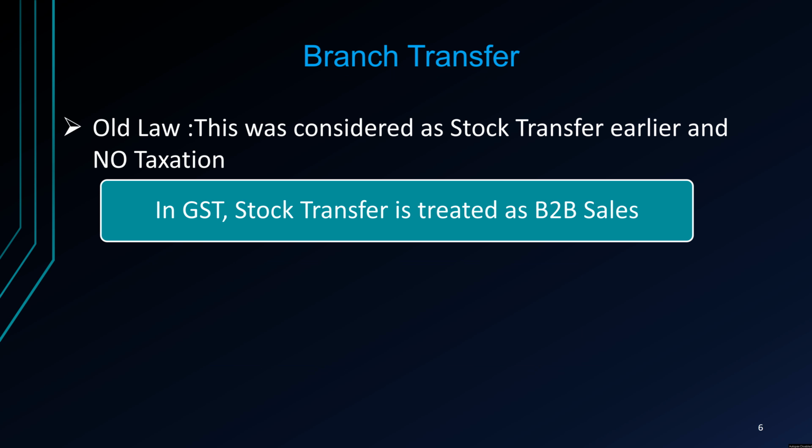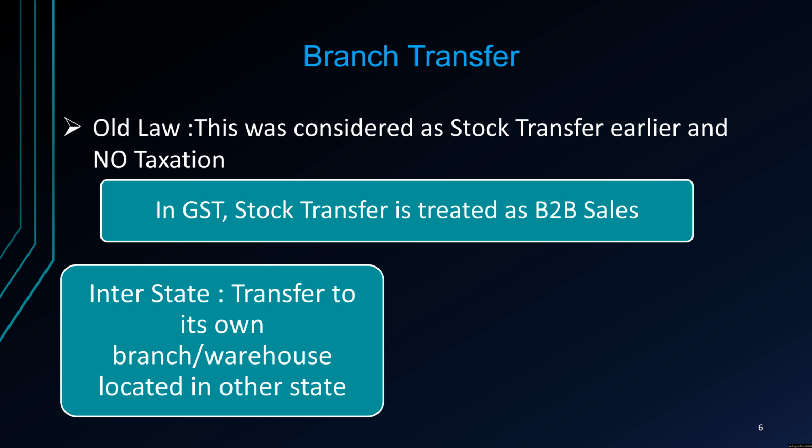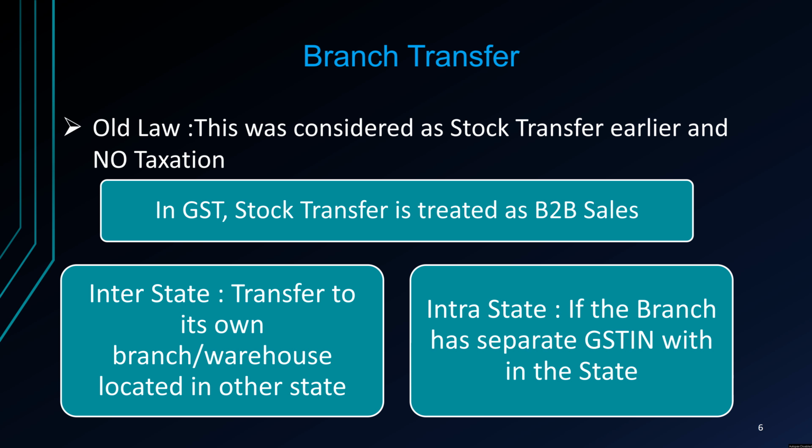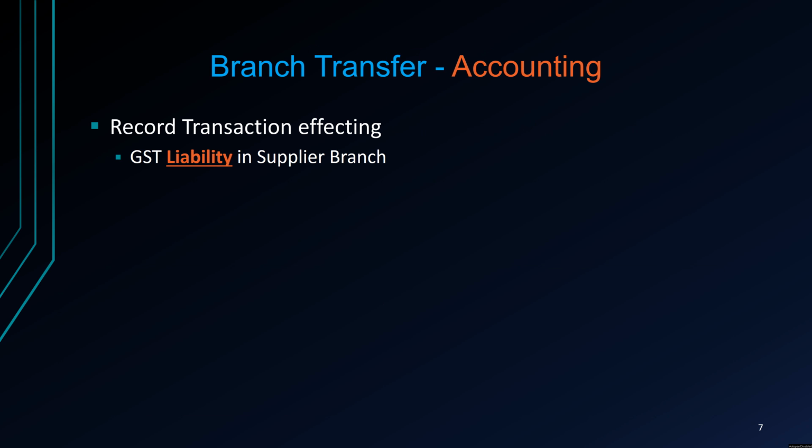Now branch transfers. Earlier this was not considered as a sale since it was a stock transfer, no taxation. In GST, stock transfer is treated as a B2B sale if it is done to its own branch or warehouse located in another state, and sometimes within the state if they have a separate GSTN. So in terms of accounting, there is no increase in sales or purchases.